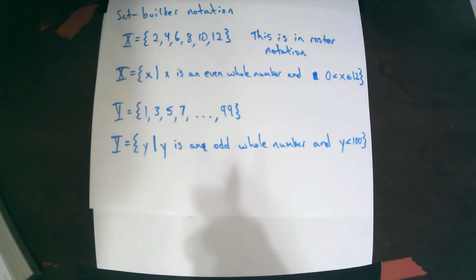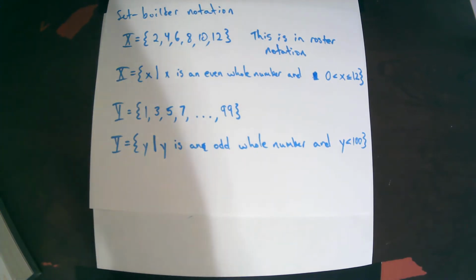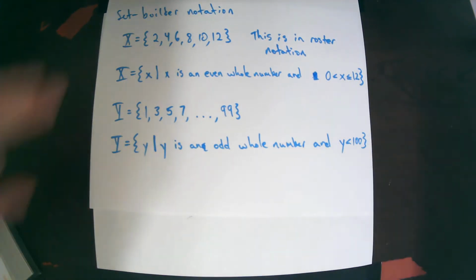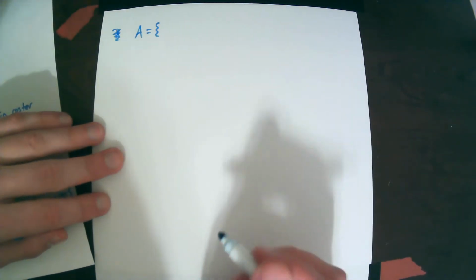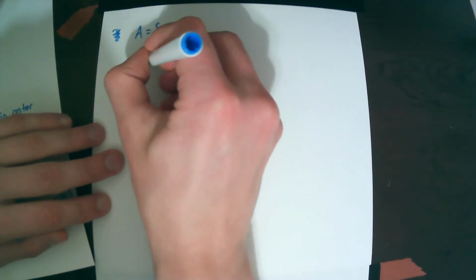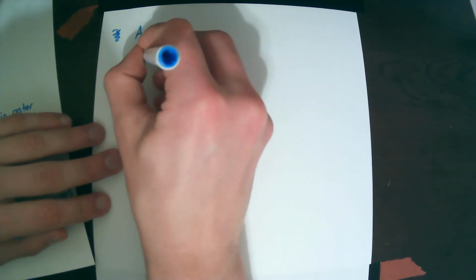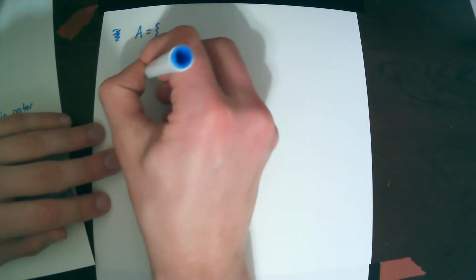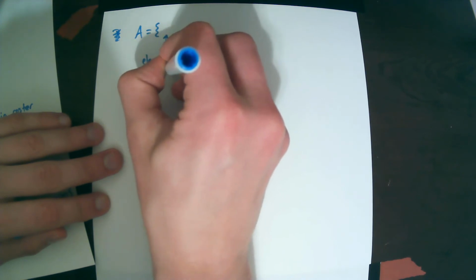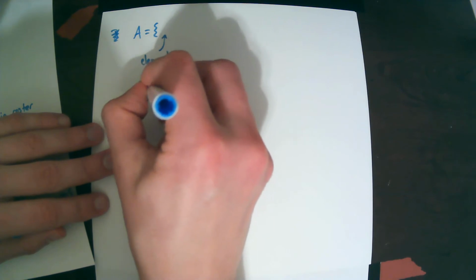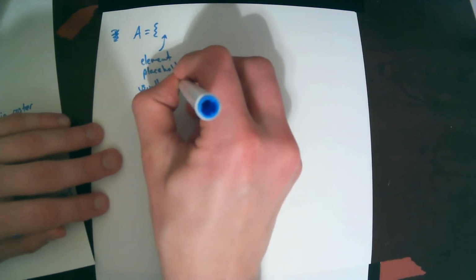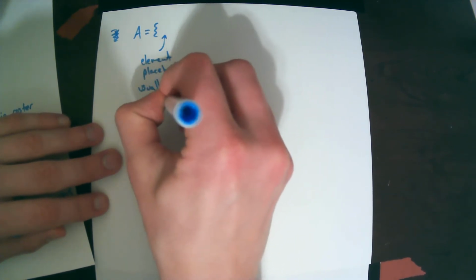So let me break this down a little bit more, and we'll do some of these examples from the notes. A equals, okay, this is going to be set builder notation. This is an element placeholder. Usually it's a lowercase version of the set's letter.